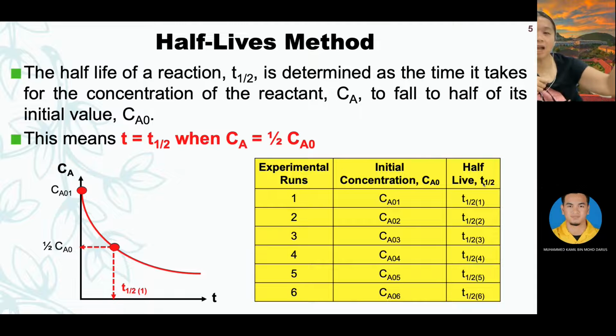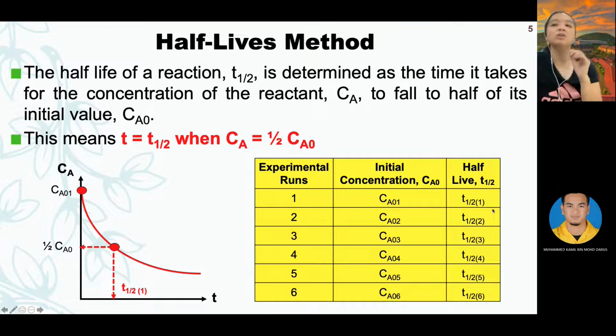So from 5 molar, how long does it take for it to become 2.5 molar? The time needed for it to become half of its original concentration, we call it T half. So run pertama 5 molar, saya tunggu sampai berapa lama dia jadi 2.5 molar, that will be my T half.